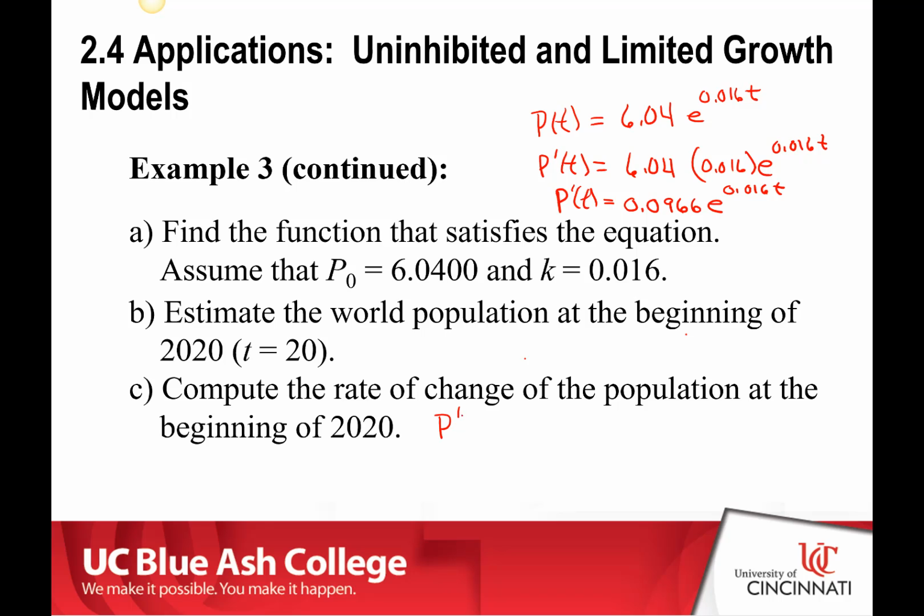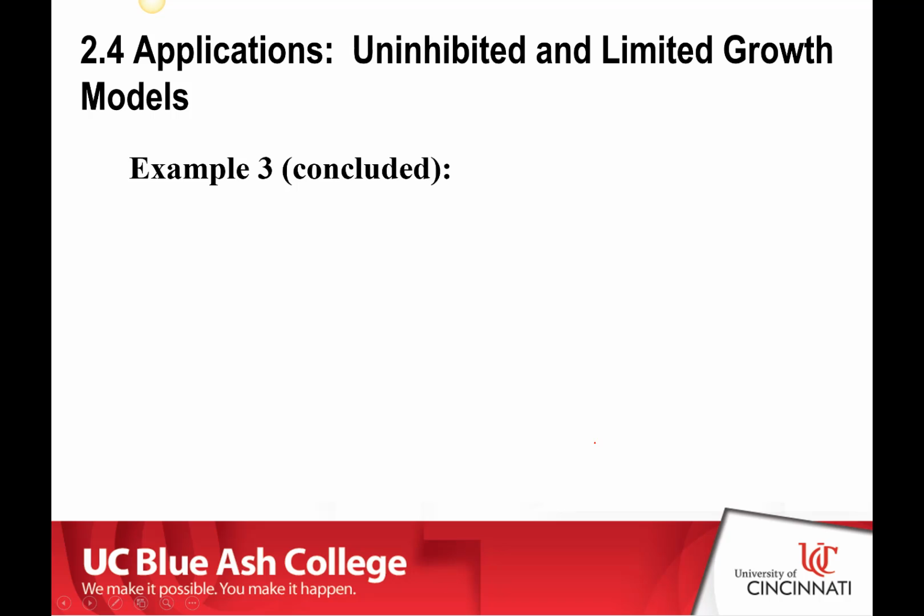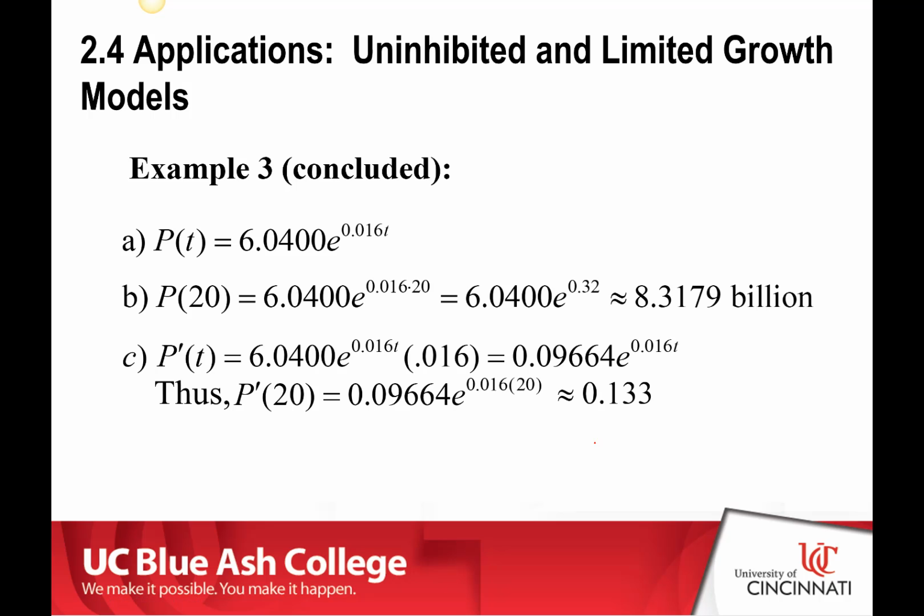So we're going to do the derivative at 20 equals 0.0966 e to the 0.016 times 20, and that's going to give you back some number. Okay, the number it's going to give us back is, aha, look at there. 0.133.